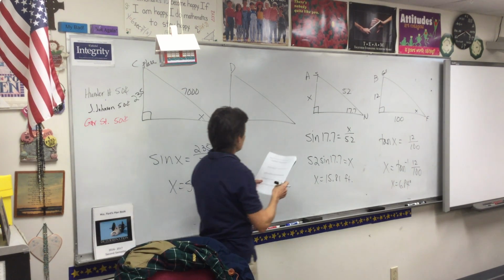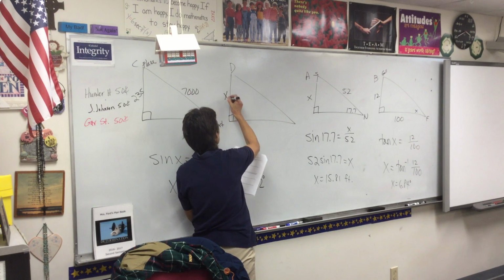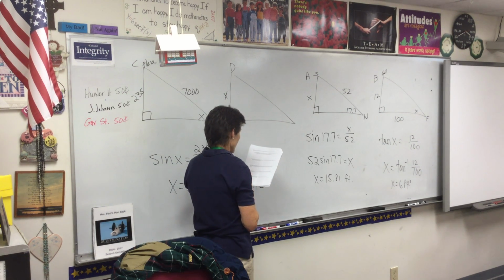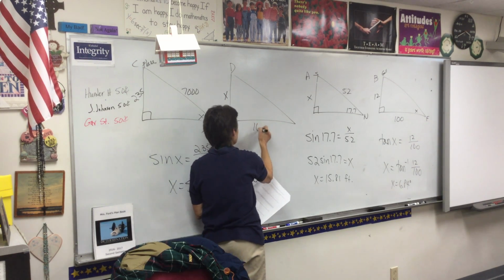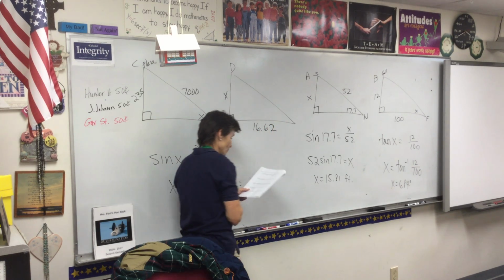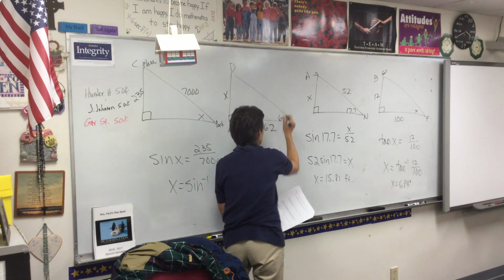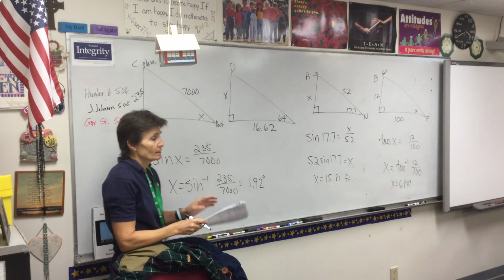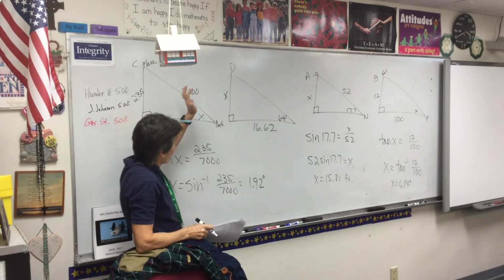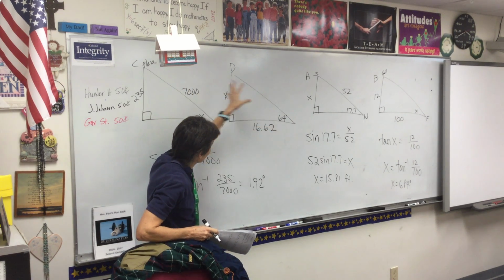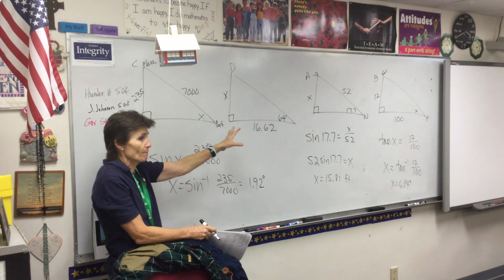Here we go. D, find the height of a flagpole that makes a shadow 16.62 feet long when the angle of elevation is 64 degrees. Now, do all of my letters and numbers make sense where I put them?